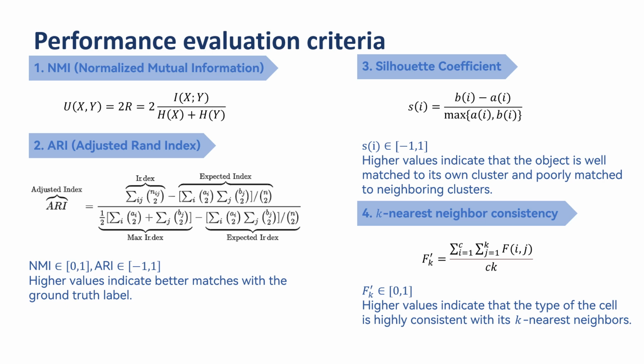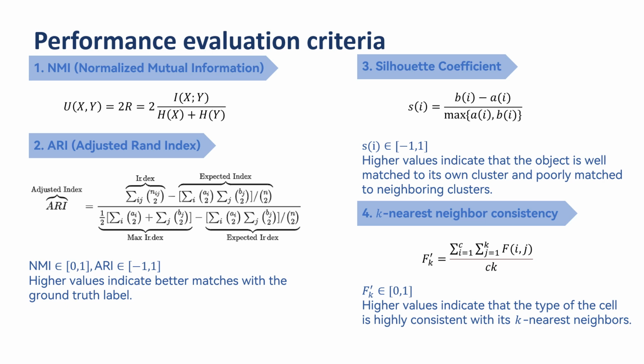K-nearest neighbor consistency is a criterion we define to measure the type consistency of cells and their neighbors. For given gene expression data with C cells, we compute k-nearest neighbors for each cell based on Euclidean distance. Let Fij represent whether cell i and cell j belong to the same cell type, where Fij is 1 if they belong to the same type and 0 otherwise.